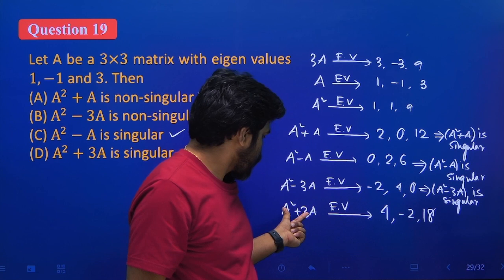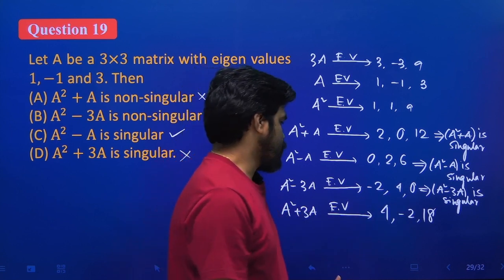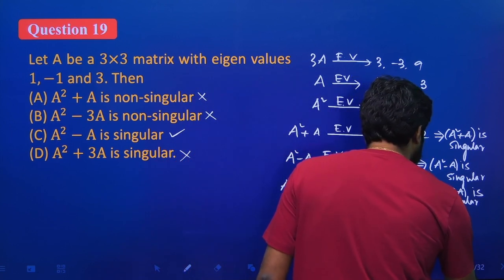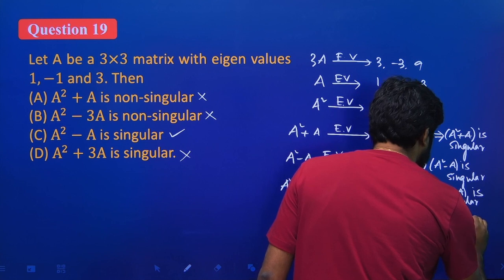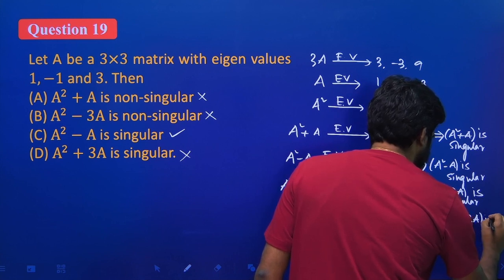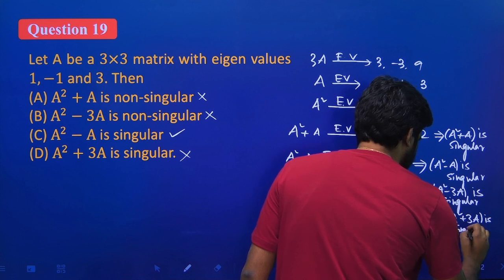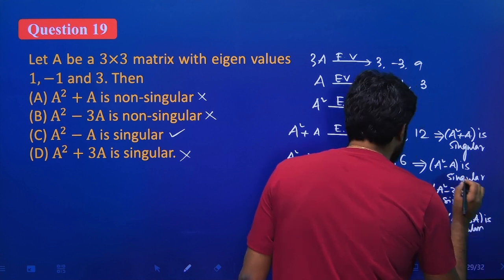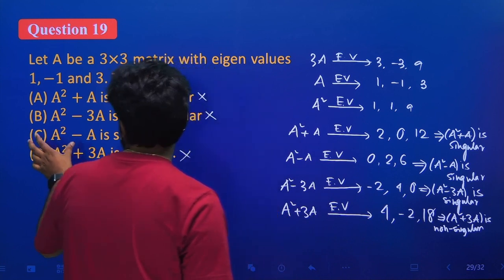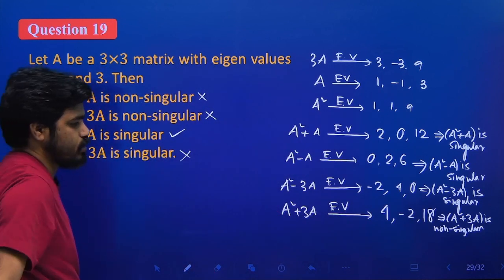What are the eigenvalues of A square plus 3A? 4, minus 2, 18. So this implies that A square plus 3A is non-singular. So which option is correct? So option C is the correct answer.